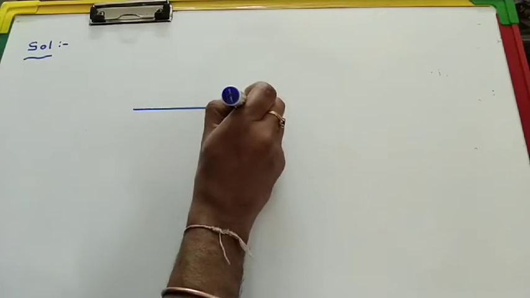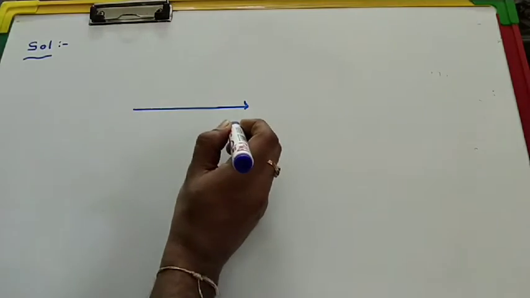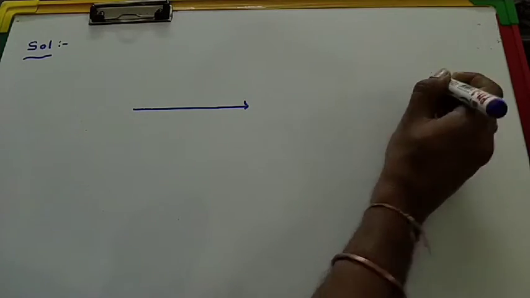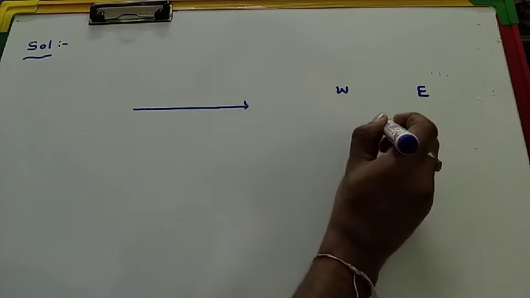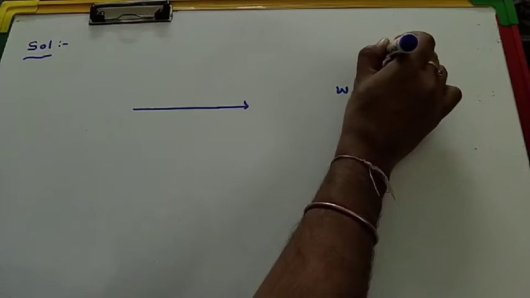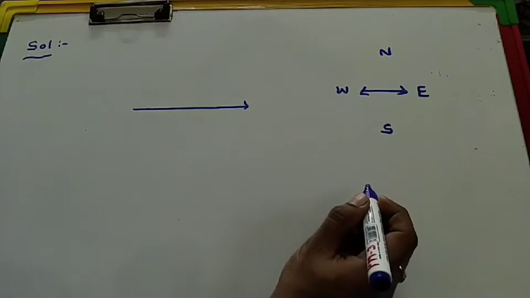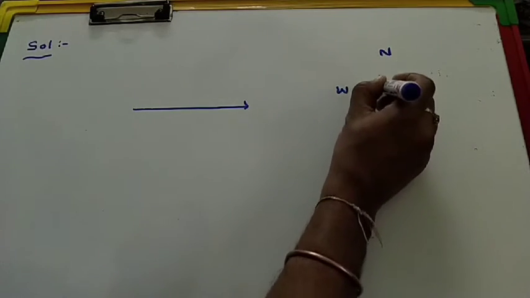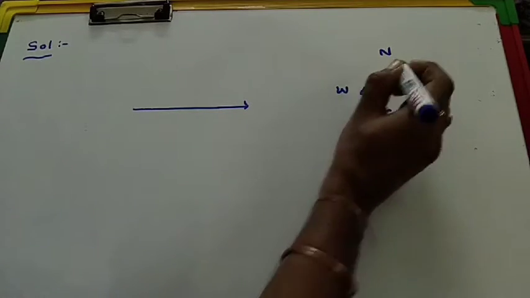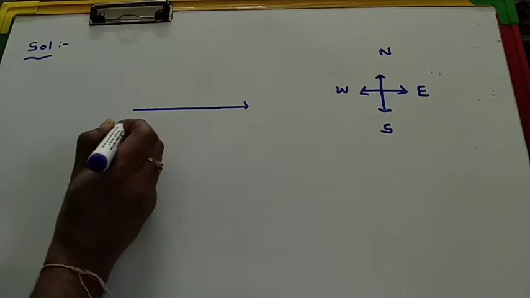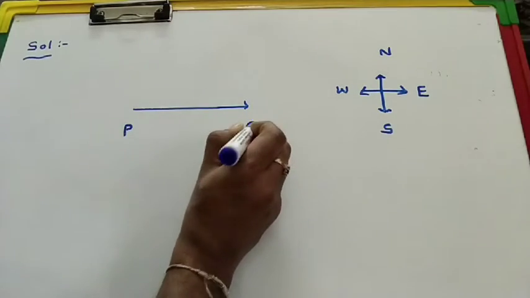Now, solution. Take a vector along the east direction. Consider this is east, this is west, this is south, and this is north. Consider this is a vector P. This is a vector Q, PQ vector.